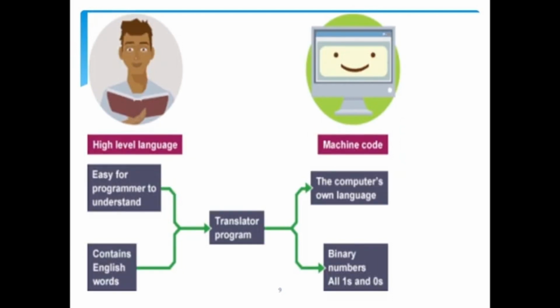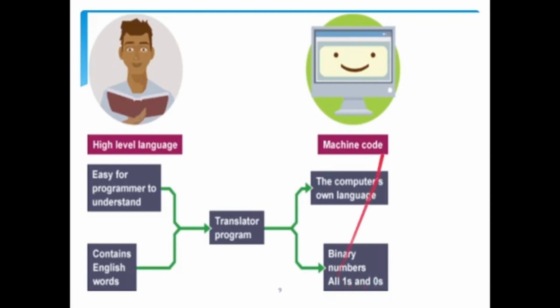And how can we use this high level language? How can a computer understand this high level language? As you know, high level language is easy for a programmer to understand and it contains English words. And machine code, which is the computer's own language, contains all binary numbers, zeros and ones.